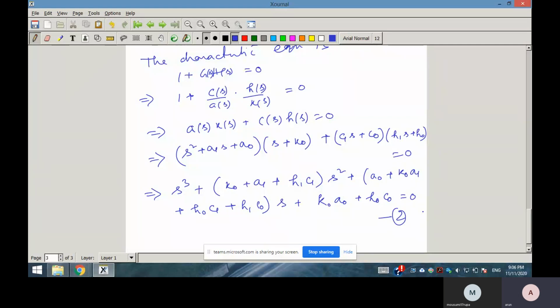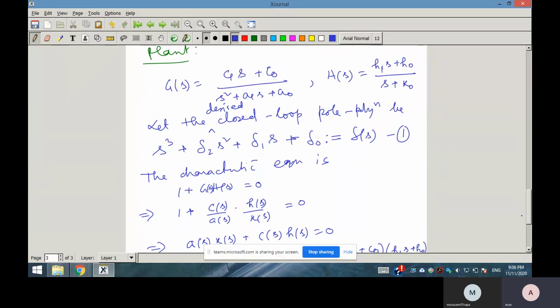If you compare 1 and 2, what will you get? Comparing the coefficients: this is your closed loop characteristic equation, and the desired closed loop characteristic equation is s cube plus delta 2 s square plus delta 1 s plus delta naught.